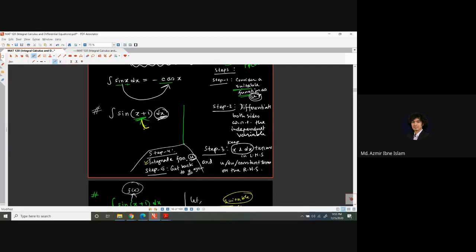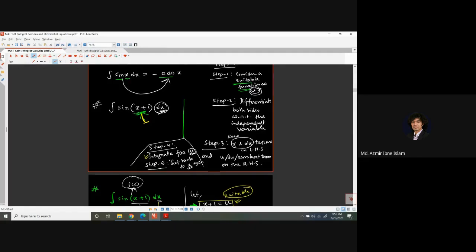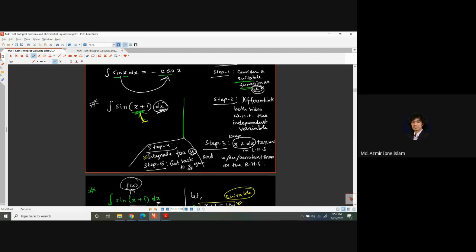So finally you have to integrate for u. Then you will understand that if the integral is becoming easy, you can apply the direct formulas. Then you can say the function that you have considered previously is a suitable function, and you will finally get the antiderivative for u. So finally we have to get back to x. So we are following these steps.